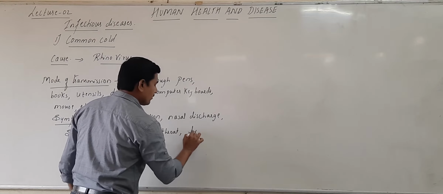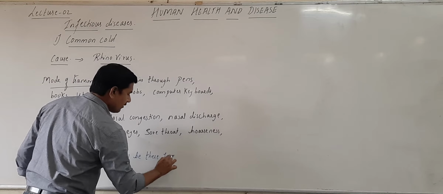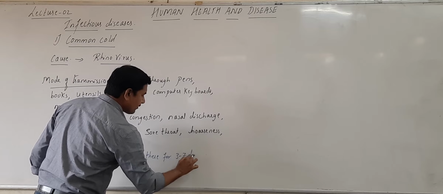Now if these symptoms are there, what is the treatment for this? So let's go for the treatment here. Usually the common cold will be there for 3 to 7 days.